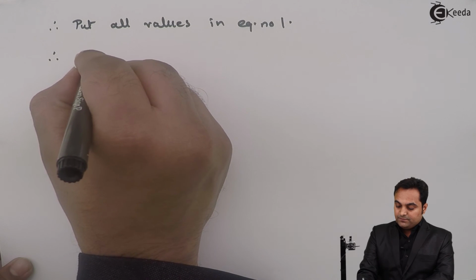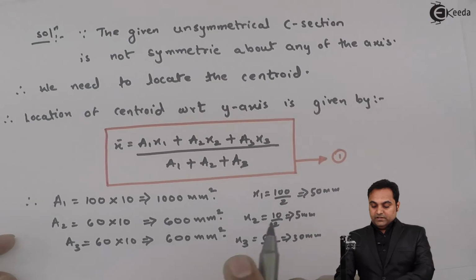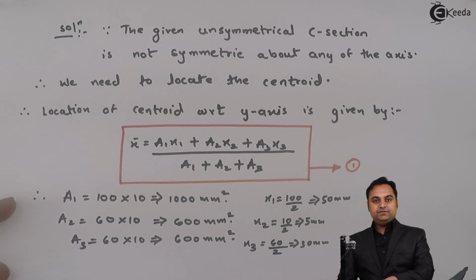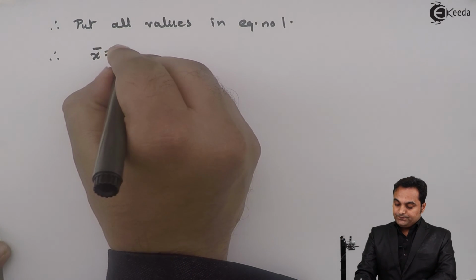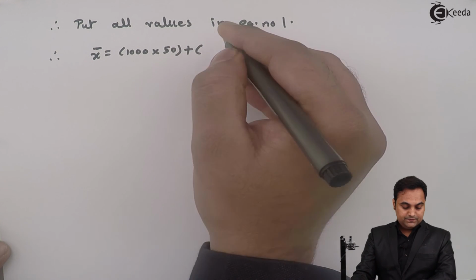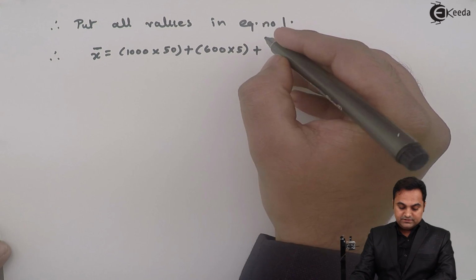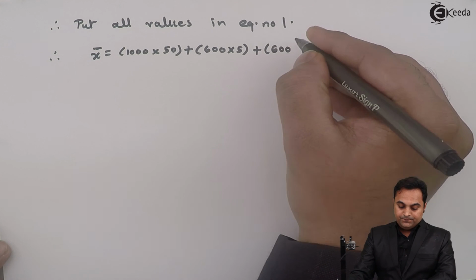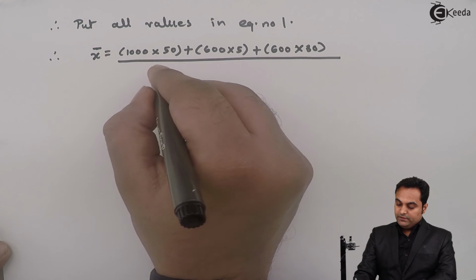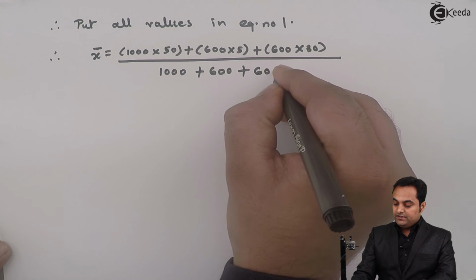So here I have x bar is equal to area 1 into x1, area 2 into x2, area 3 into x3. So I'll put the values, 1000 into 50 plus 600 into 5 plus 600 into 30 divided by area 1 plus area 2 plus area 3.